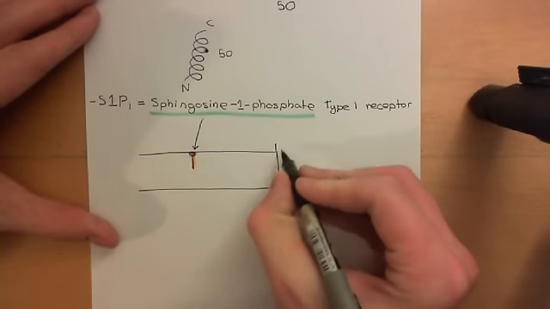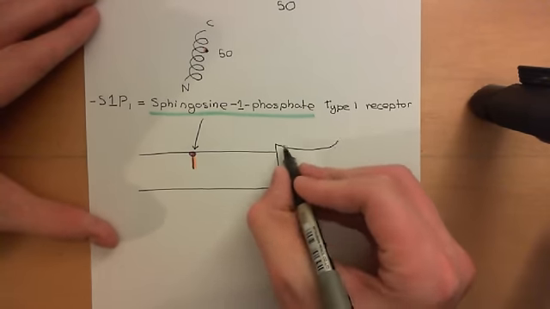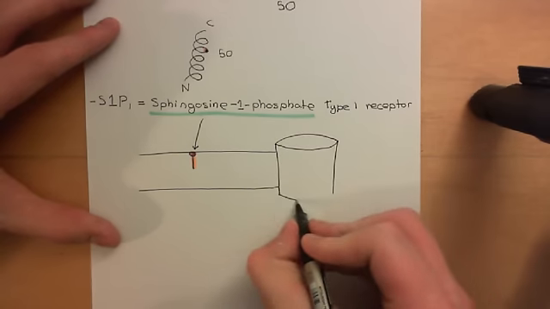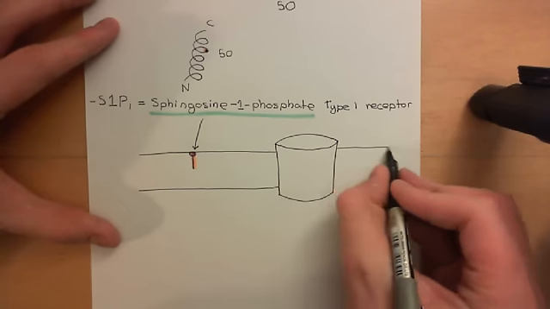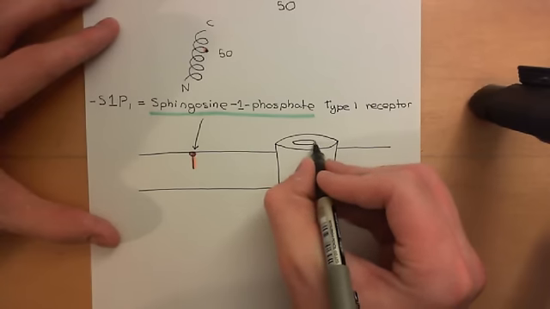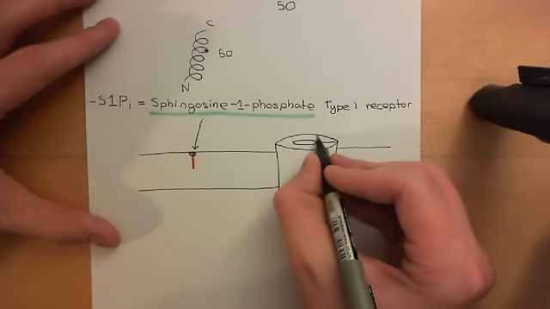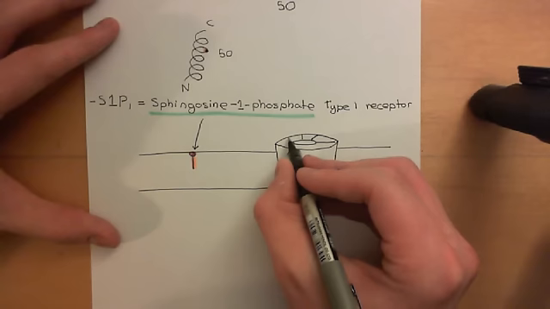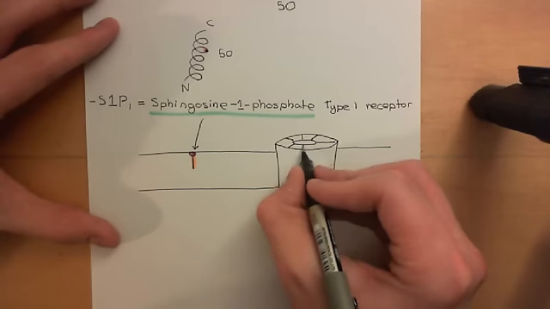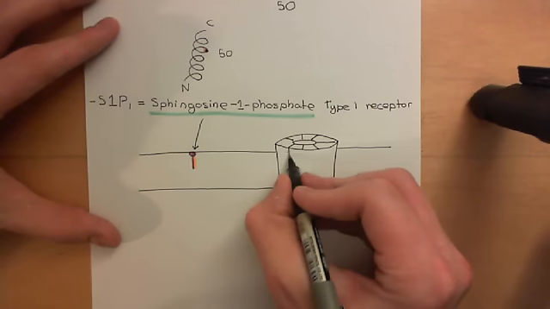So let's draw it here. Okay, so once again, here is this bundle of 7 membrane-spanning alpha helices sitting in the membrane like so. Okay, and we'll have the gap down the middle, within the ring of the 7 membrane-spanning alpha helices here. So 1, 2, 3, 4, 5, 6, 7.